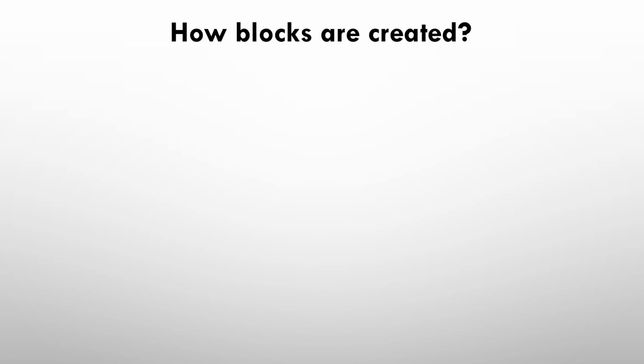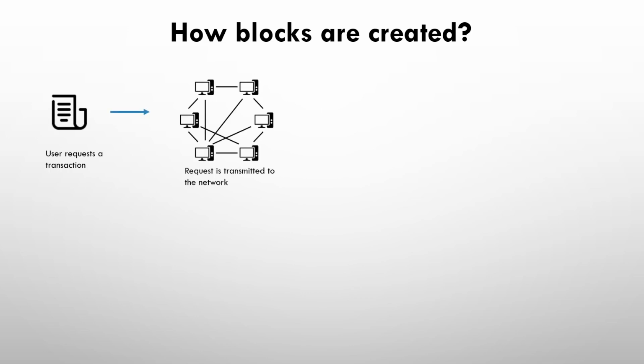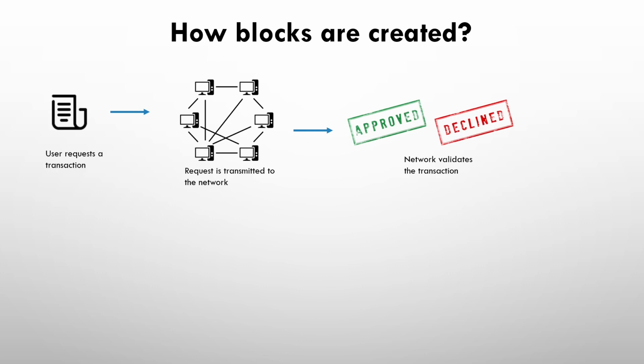Let's see how blocks are created in a blockchain. First of all, a user requests a transaction. The transaction is then transmitted to a network of peer-to-peer computers scattered across the world. This network of computers then solves equations to confirm the validity of the transaction. Once confirmed to be a legitimate transaction, they are clustered together into blocks.